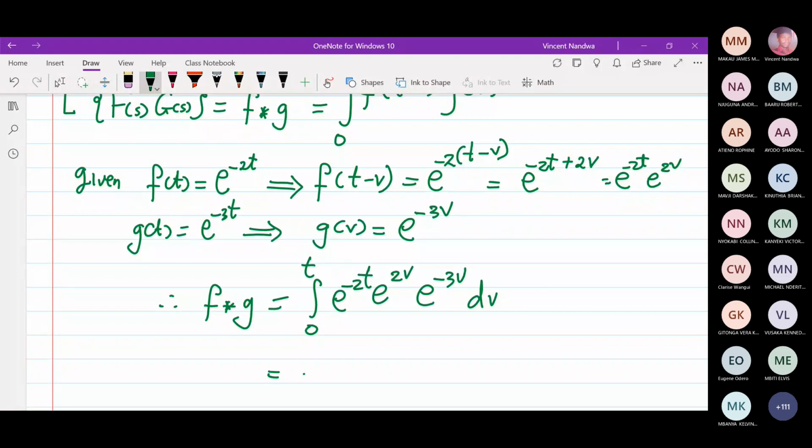So e raised power minus 2t. Now, what is the integral of e minus v dv?